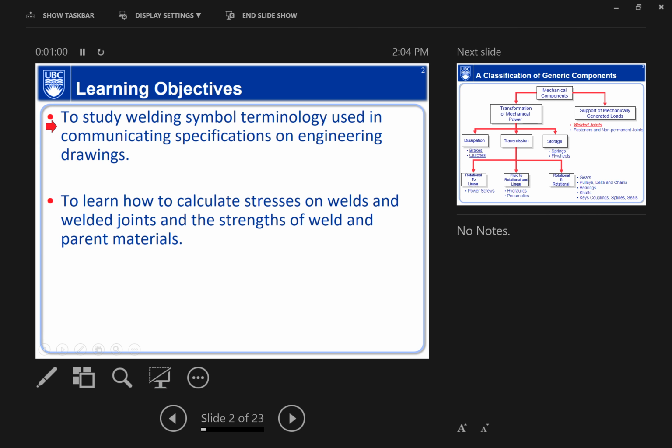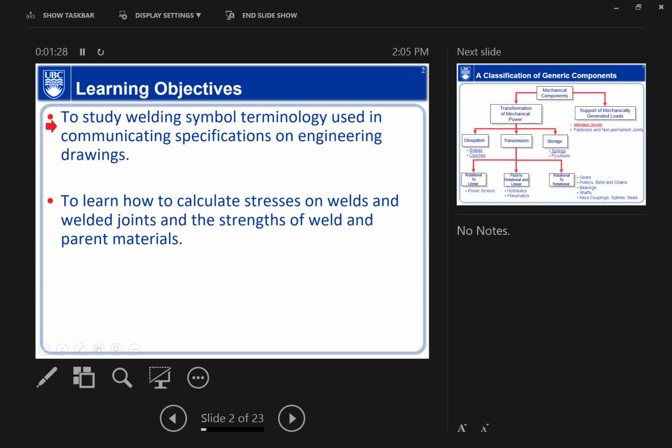So the objective here is to study welded joints. For the first part I'll give you a very short introduction on welded joints, and we'll look at welding symbols and some terminology associated with that, and how we communicate with other people from these specifications in the engineering drawing.